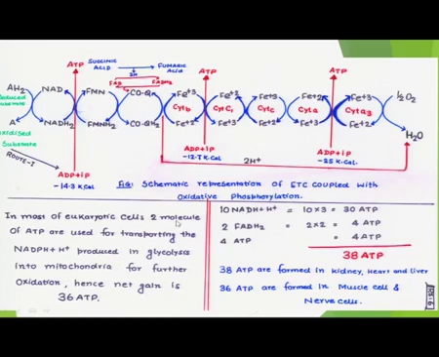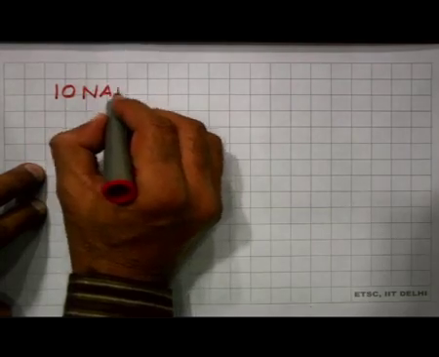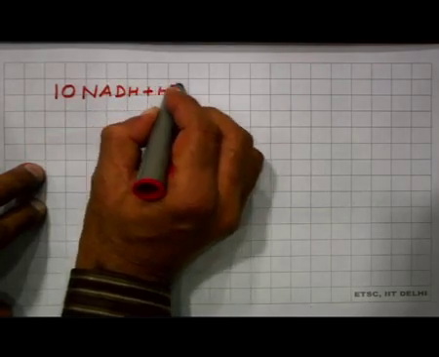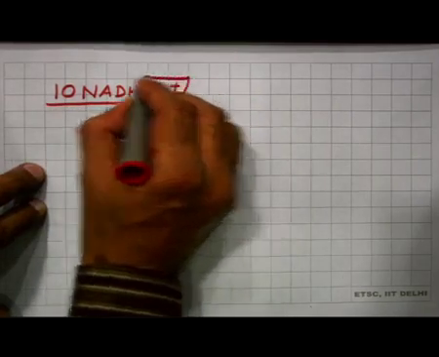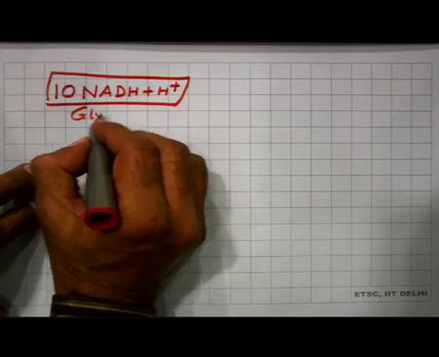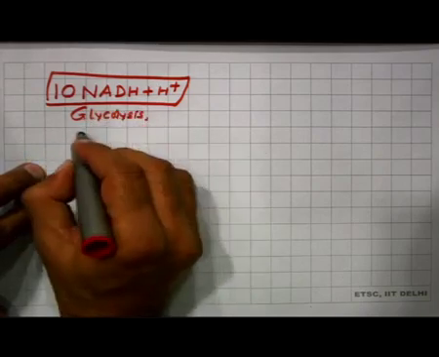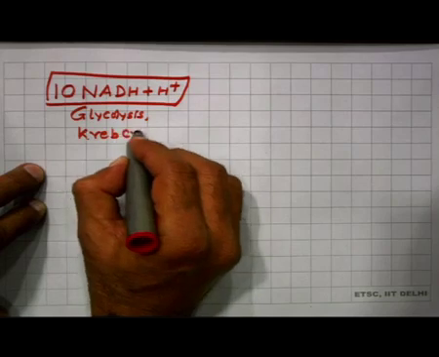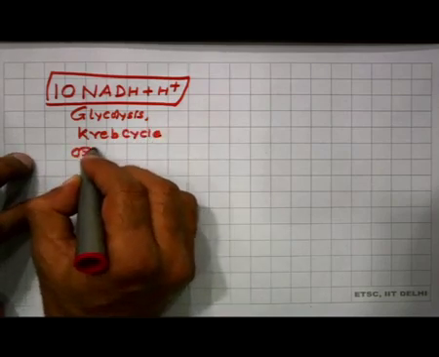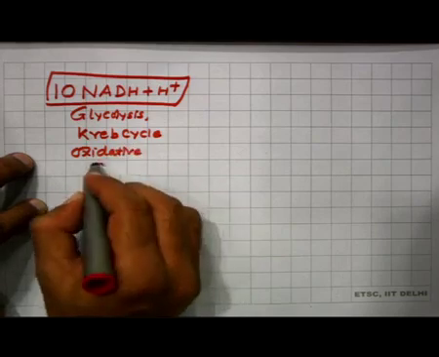So, when we summarize, total NADH plus is 10. So, this 10 gives 10 into 3, 30 ATP. The total NADH plus H plus is 10, formed by glycolysis, by Krebs cycle, by oxidative decarboxylation.